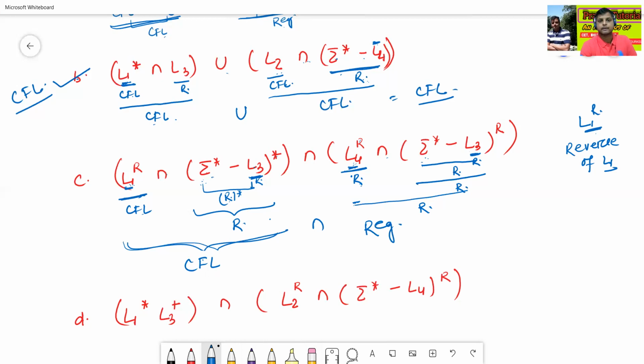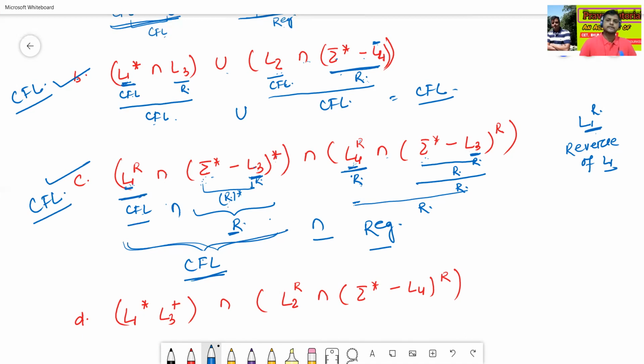L3 is regular, its complement is regular, and the Kleene closure of regular is regular. So CFL intersection regular is always CFL. So option C is a CFL language.